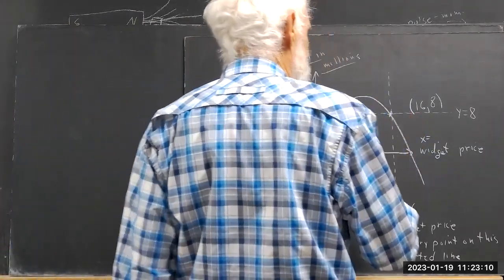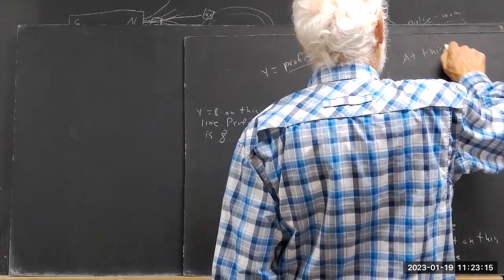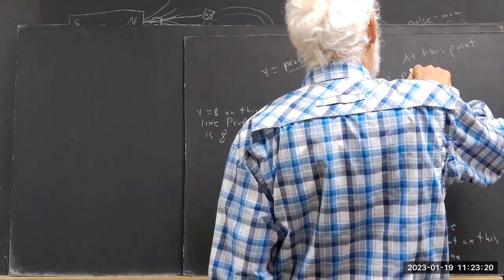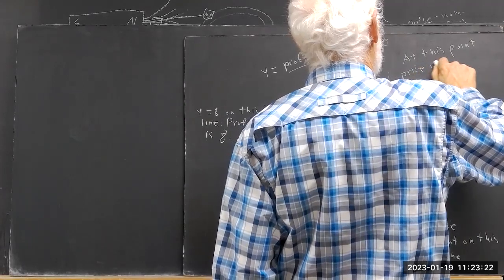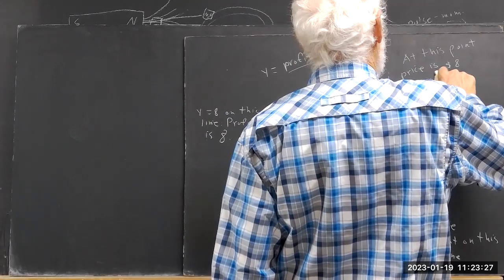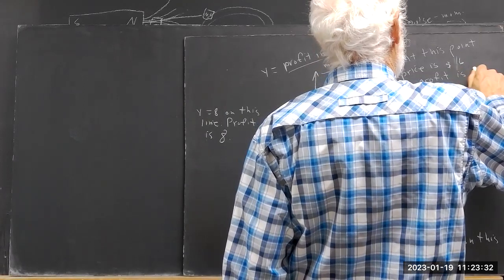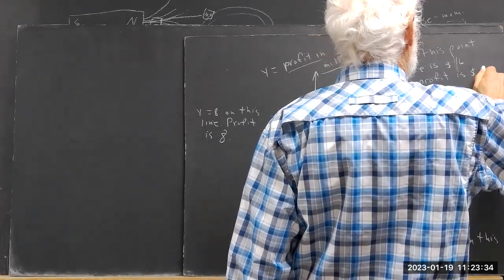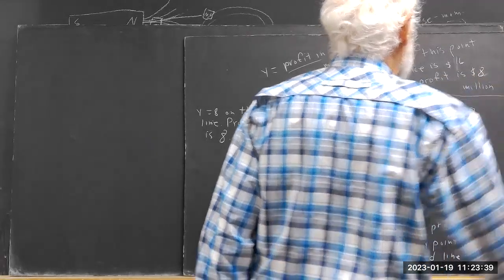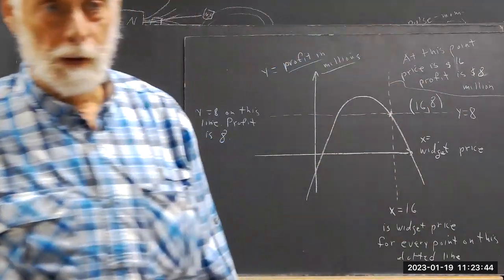At this point, price is $16, let's say. Price is $16. Profit is $8 million.